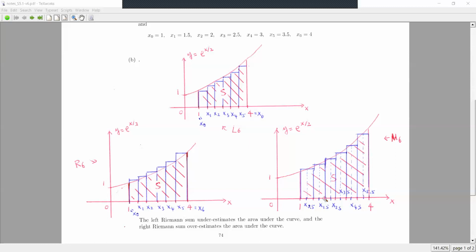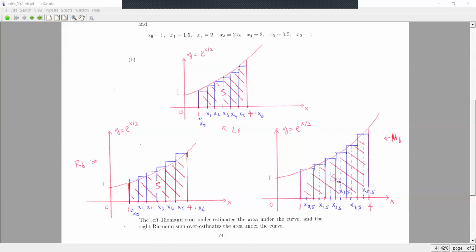Left endpoint here, the value is 2. Right endpoint, the value is 2.5. So the midpoint is 2.25. Now, use the function value at this point as the height to build a rectangle. And so on, build rectangles over each subinterval.